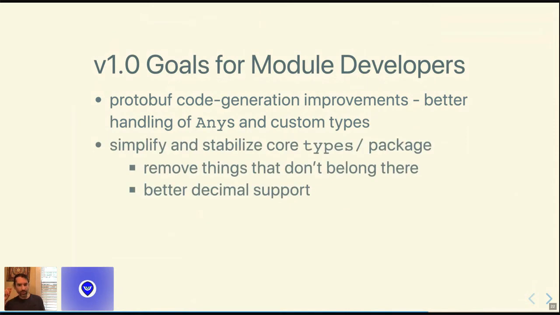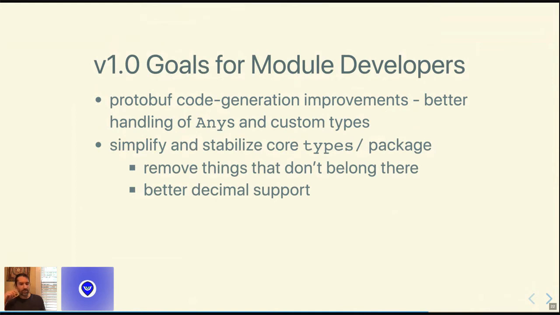We want to simplify and stabilize the core types package before we get to 1.0. There's a bunch of things that probably don't belong there. We've also noted that we need to provide some better basic decimal support as part of the core types package.